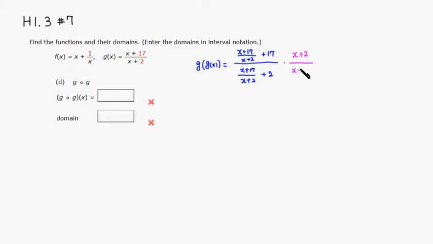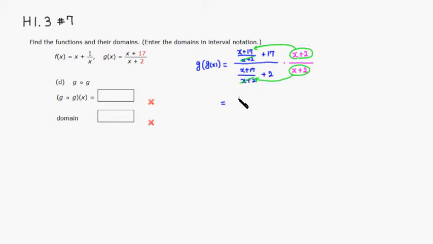When you apply x plus 2 to the first term, you can cancel out the denominator. Same thing with this one, we can cancel out the denominator.